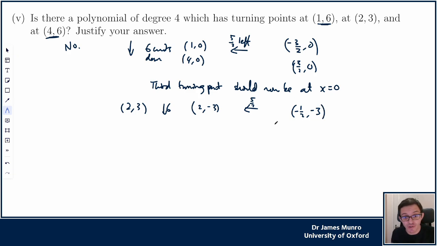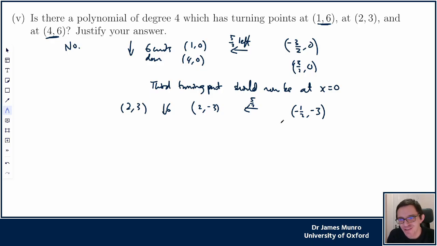In part 3, we proved that the third turning point will be slap bang in the middle, but here, this hypothetical polynomial after translation doesn't have that turning point in the middle. This means that such a polynomial can't exist. Otherwise, we could do some translations and find a counterexample to the thing we proved in part 3. So because we did the thing in part 3, we know that this polynomial in part 5 can't exist.